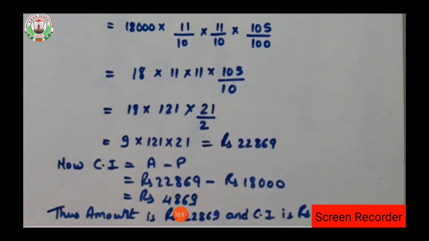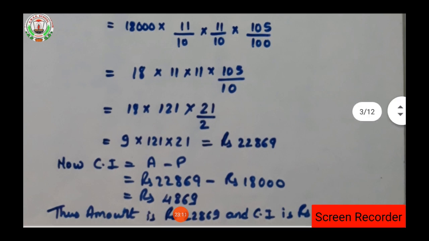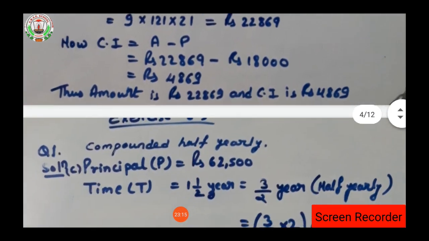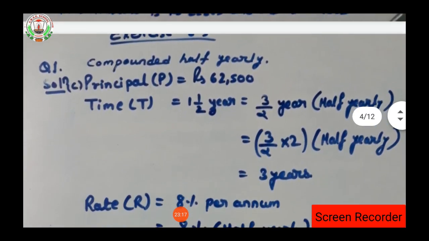The amount value is 22,869 while the principal value is 18,000. So we are going to subtract both of the numbers. What answer are we getting? We are getting the compound interest value as 4,869. Clear, everyone? Now the next question, number 1C part.